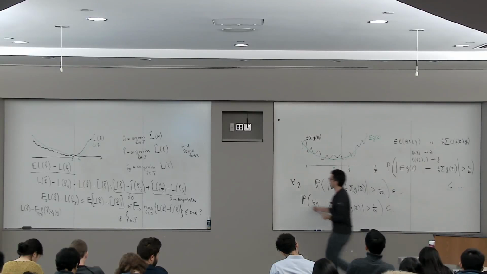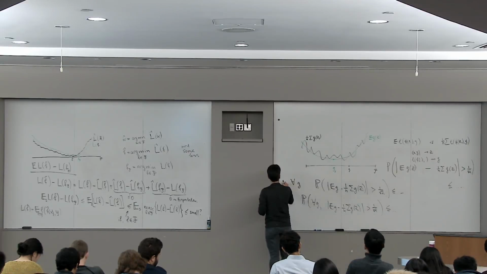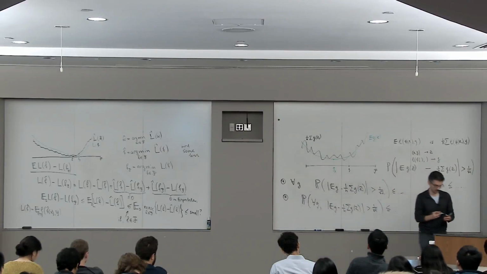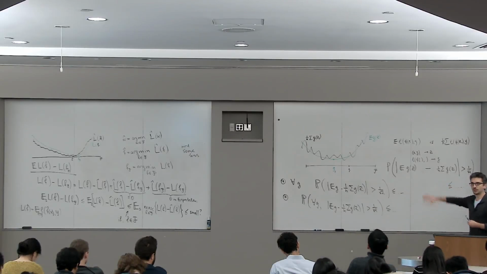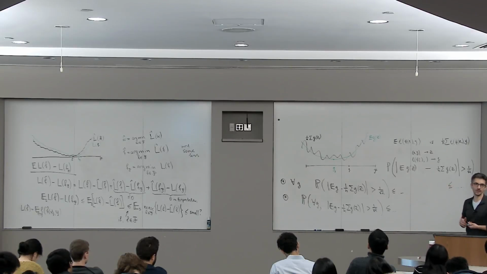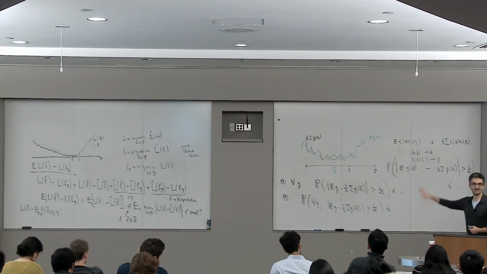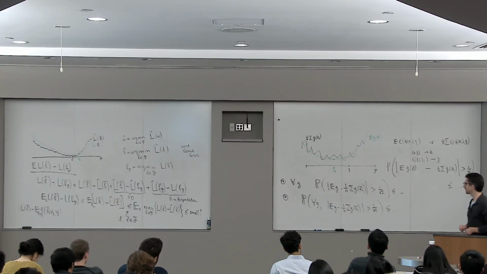Right? So this is 1, and this is 2. And there is a world of difference between these two statements. And if you understood the difference, then you're already further than most people in this subject, let's say.